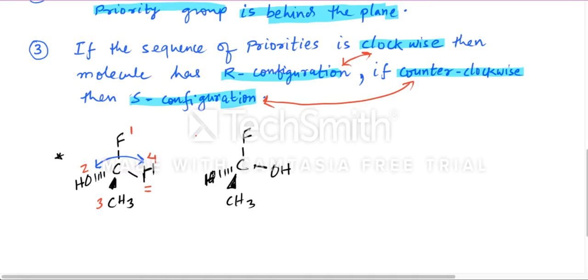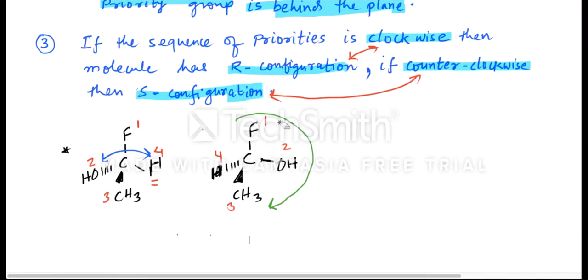Here you have H. Now, what will be the configuration of this? This is 1, this is 2, 3, and 4. If we check the sequence of 1, 2, and 3, then this sequence is clockwise. So we can say that it has R configuration.